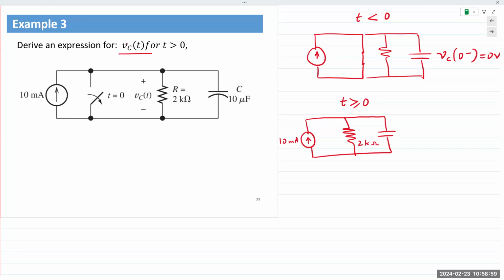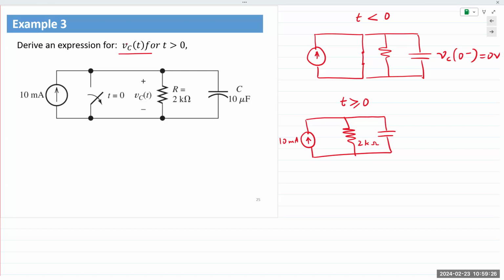Eventually, the capacitor will reach full charge, right? It's going to start charging the moment the switch is flipped, and then eventually it will reach full charge. What is the value of that charge in terms of voltage? Remember, we just saw it a few slides ago. You have a current, you have a resistor.